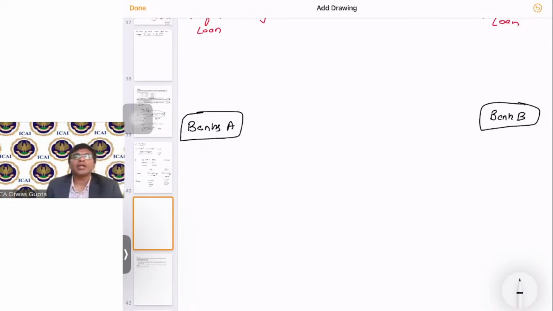Bank A says, okay, I'm giving you both options. Whatever you want to take ahead, you can say. If you take a fixed coupon borrowing, it will be 7% for you, since you are a relatively old company and you have a good credit rating.